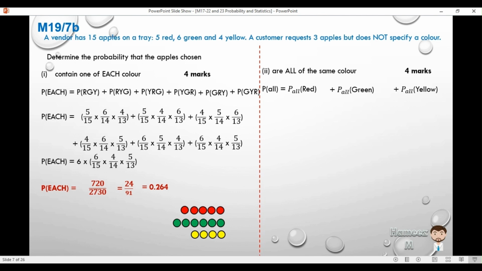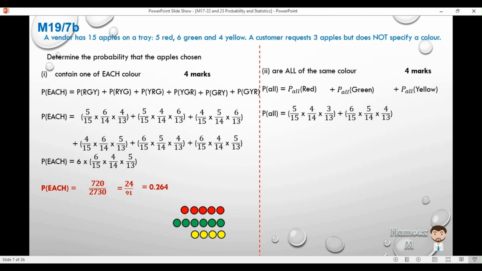So if they're all red, it means that the first choice is 5 out of 15. And then when we're choosing red again, it'll be 4 because 1 was already selected, 4 out of 14 and 3 out of 13. So it must be 5 by 4 by 3. And if we're selecting green, it'll be 6 out of 15.